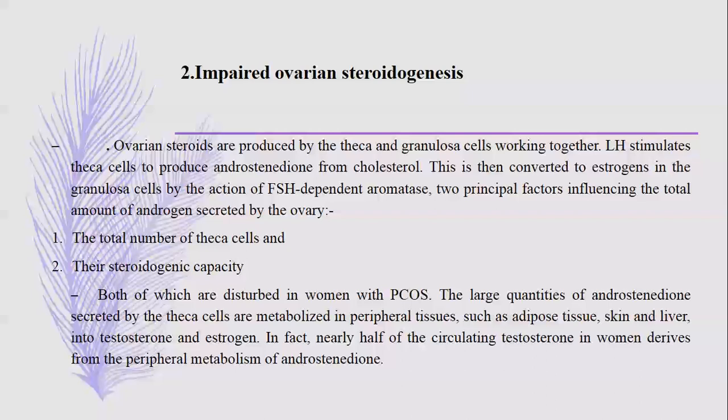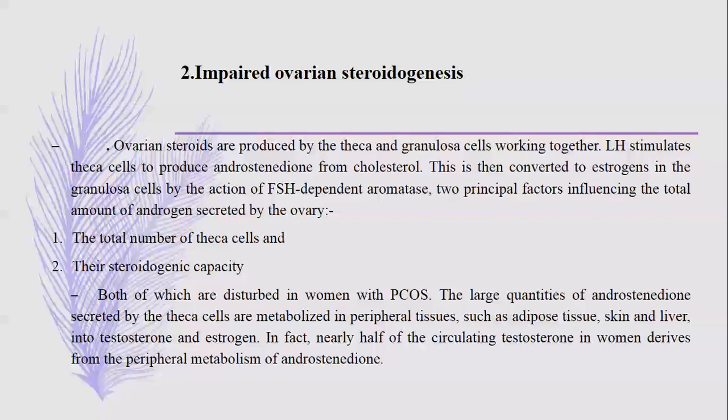We should know that ovarian steroid is produced by the theca and granulosa cells. This factory, the theca and granulosa cells present inside the ovary, is the factory of ovarian steroid. How does it work?